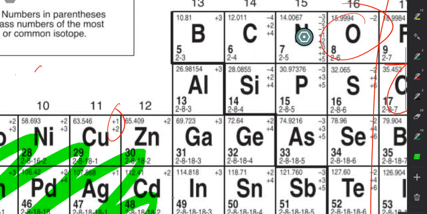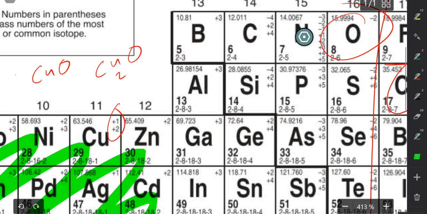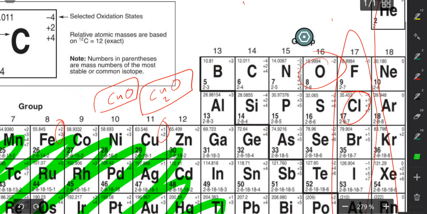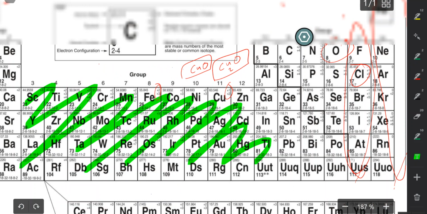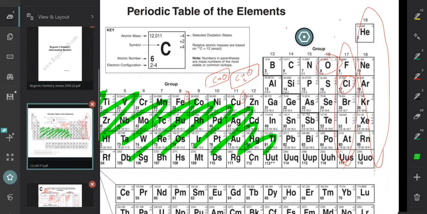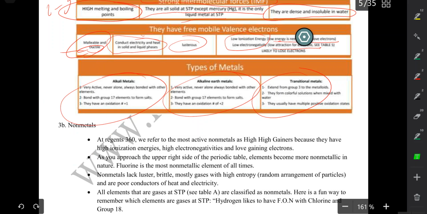It can become CuO, copper 2 oxide, and it could also become Cu2O, copper 1 oxide, depending on how many electrons it loses. We'll talk more about how we got CuO and Cu2O later on when we get to bonding and writing formulas in other videos. Okay, going back here.